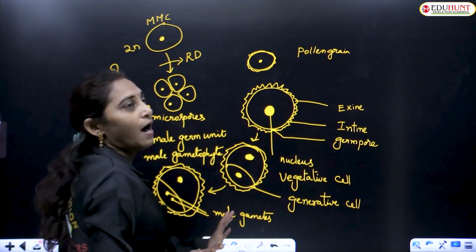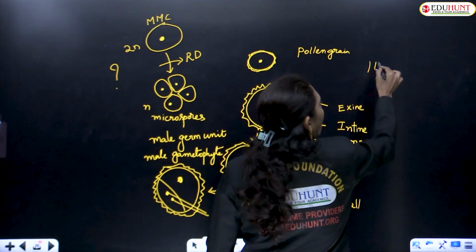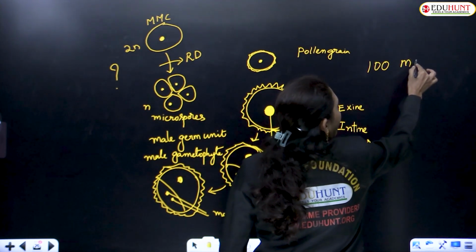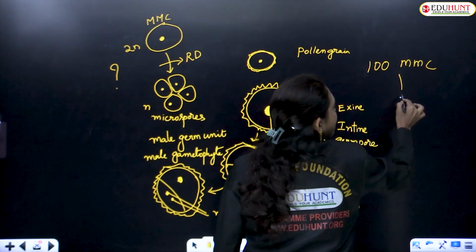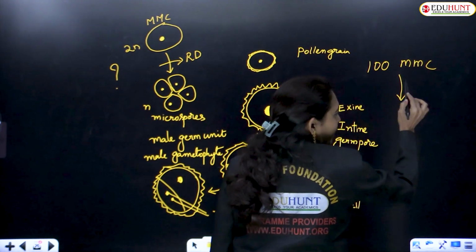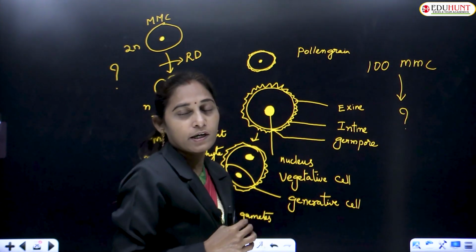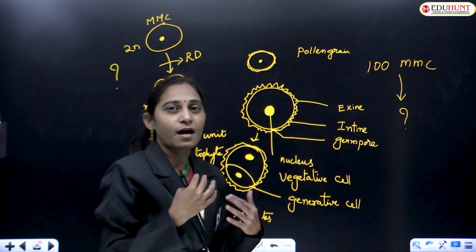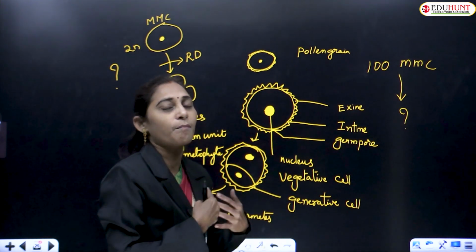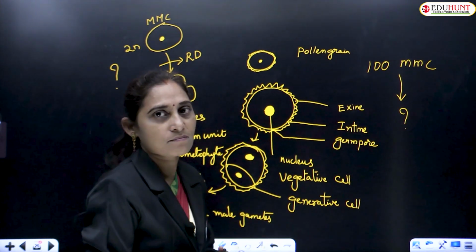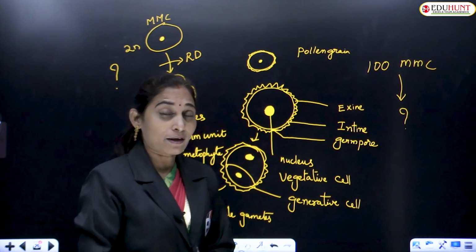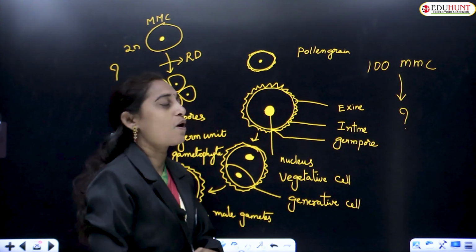If there are 100 microspore mother cells, how many microspores or how many pollen grains are formed from 100 microspore mother cells? Just try to solve the answer.